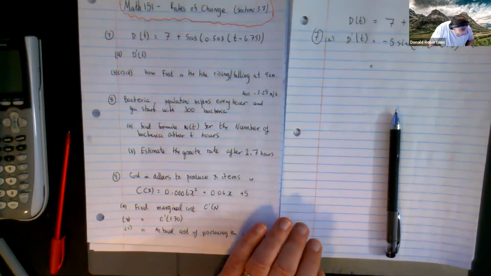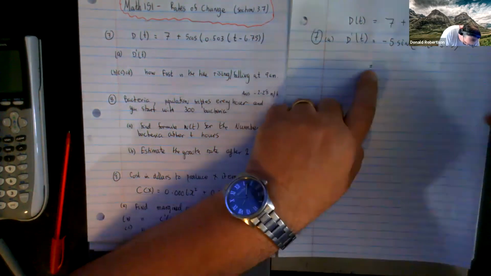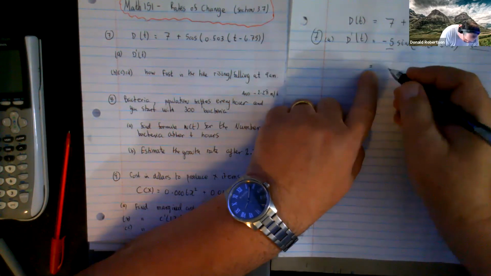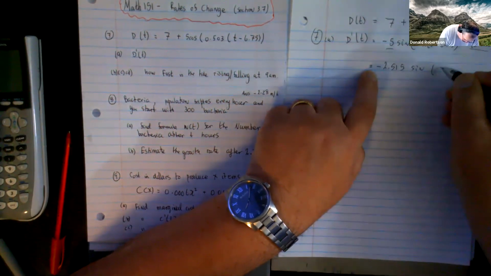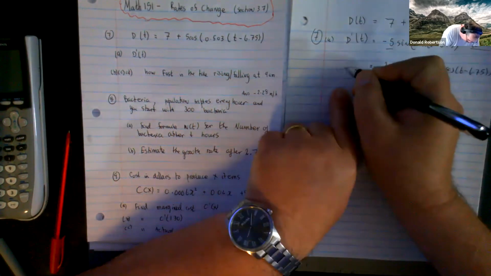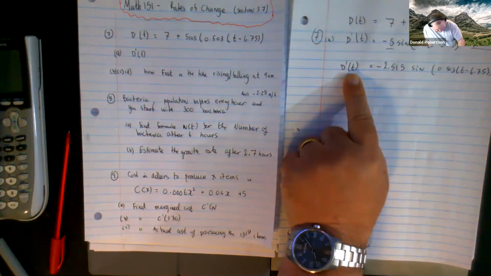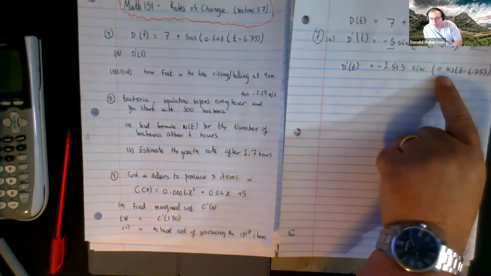You get that guy times that guy, which gives us negative 2.515 times the sine of the ugly guy. And there is the rate at which the water in the harbour is changing at time t.